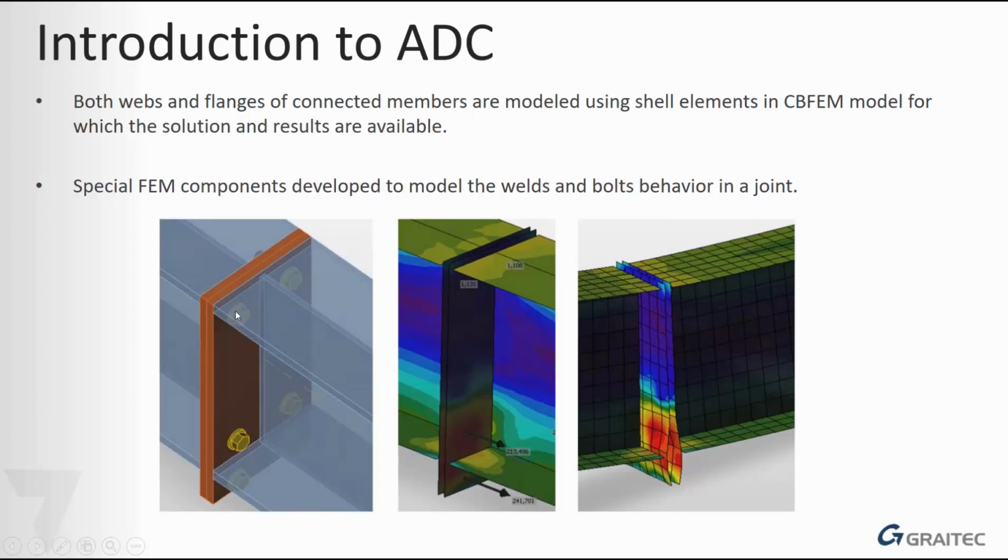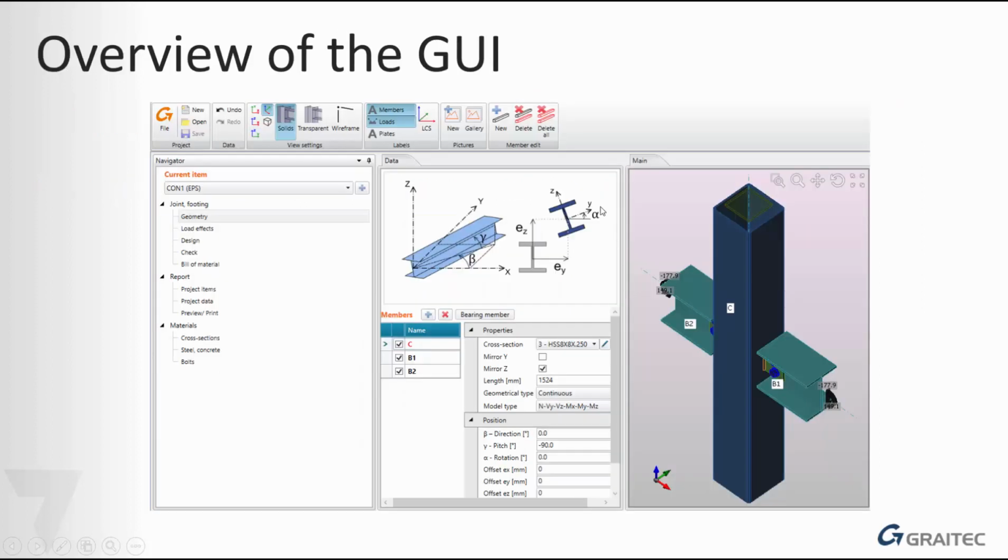So here in ADC, we have developed special models for those components, welds and bolts, which can be used in the total behavior of the joint and how the joint will be calculated based on that.